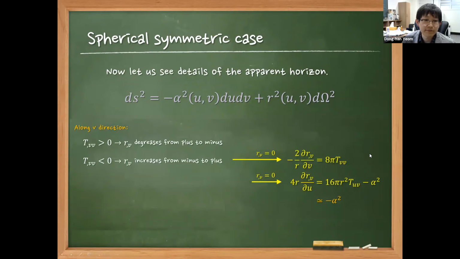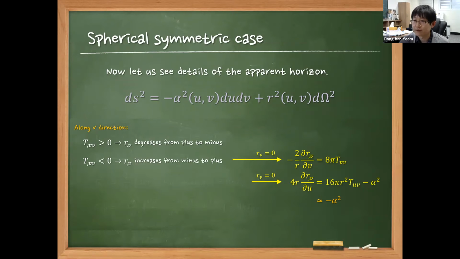And then along the V direction, the important thing is TVV. If TVV is positive, then RV must decrease, because here is a minus sign and here is a plus sign. So RVV should be negative, and this means that RV must decrease from plus to minus sign.